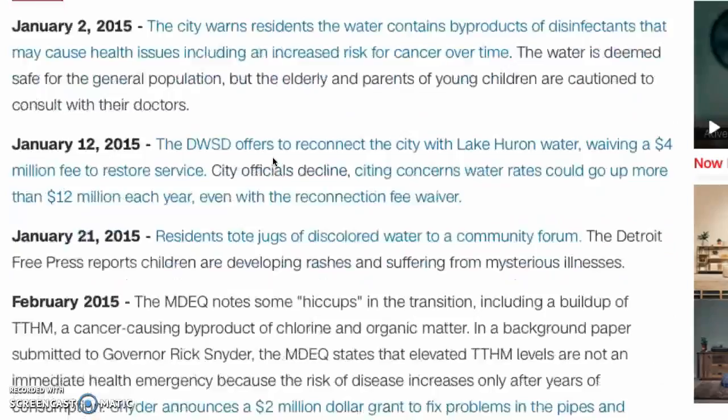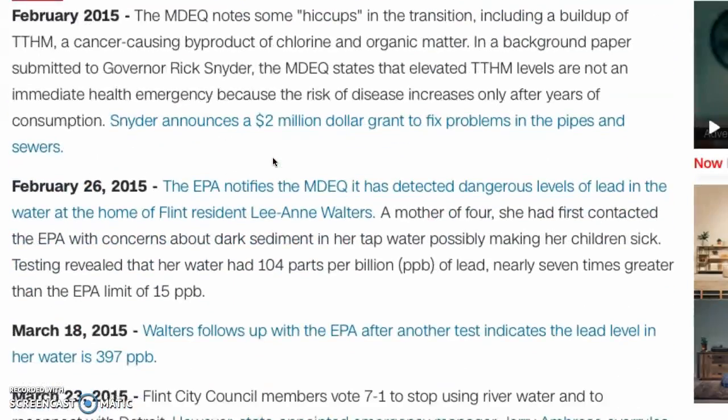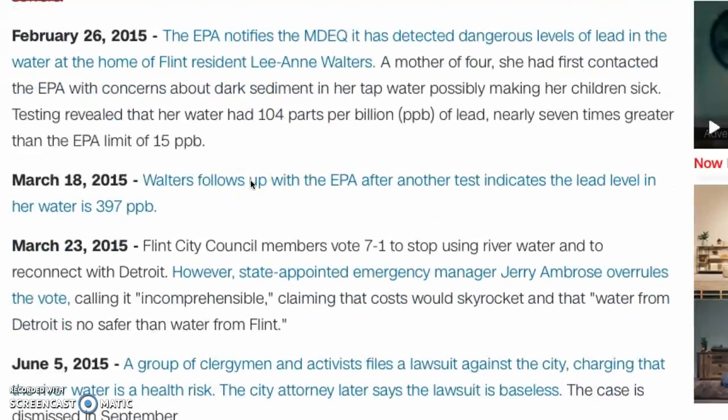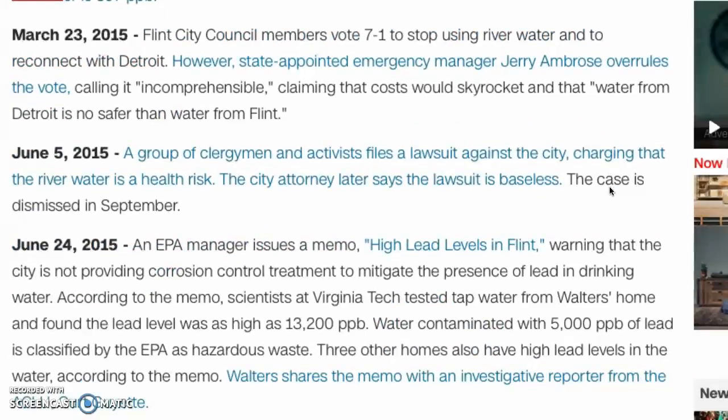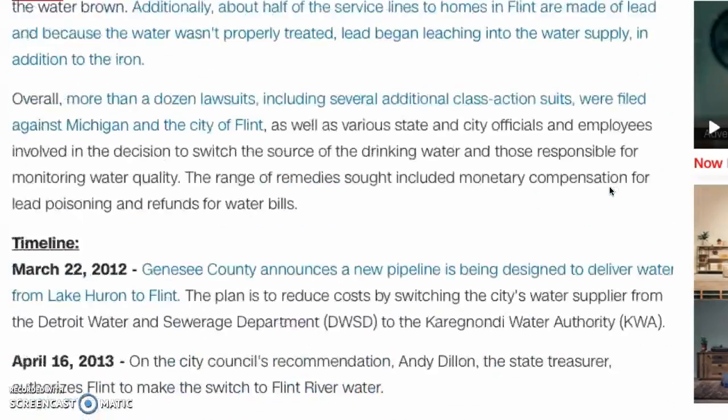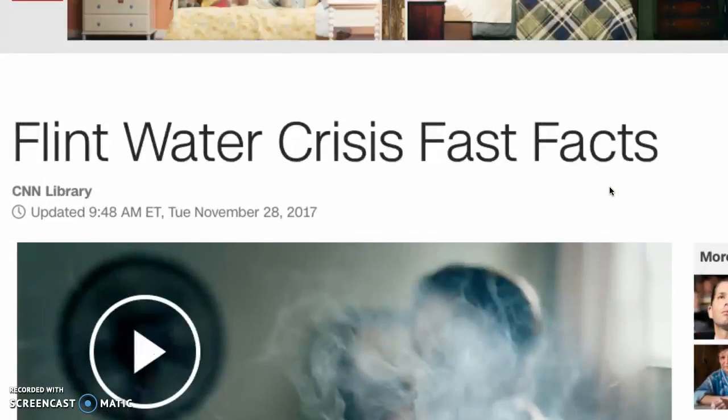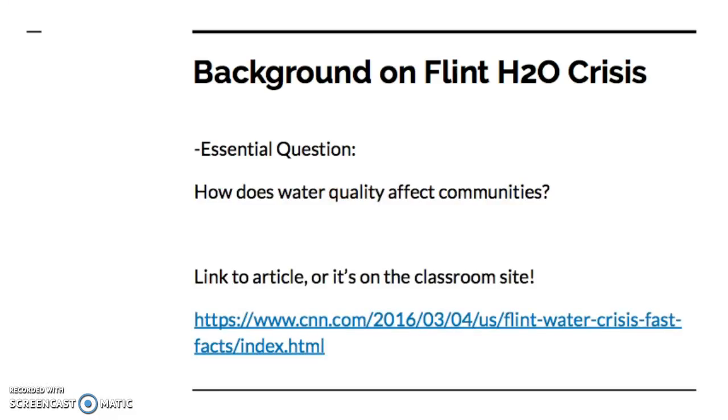And then it just spirals from there, and you can see how the EPA gets involved. And they find, on March 18th, 2015, lead in the water. And it continues on from there. So you need to go through this and read this before the next class. Once again, here's the link, and it's also on the classroom site.